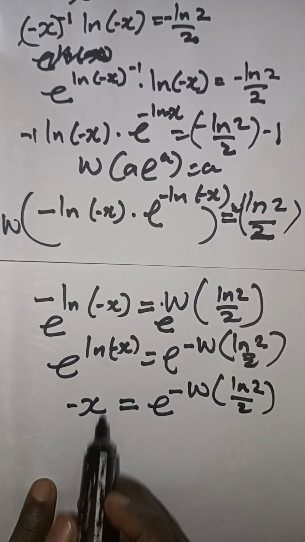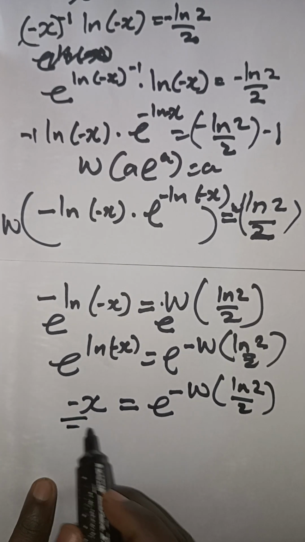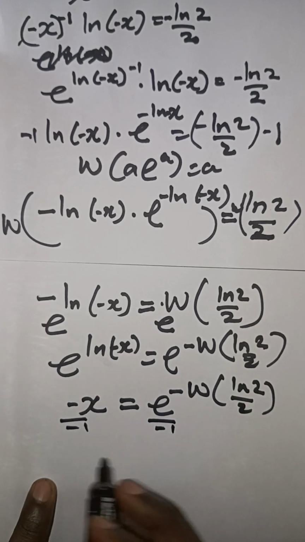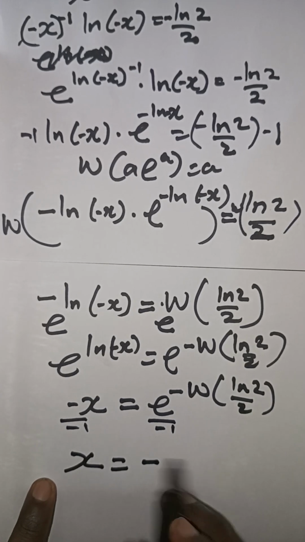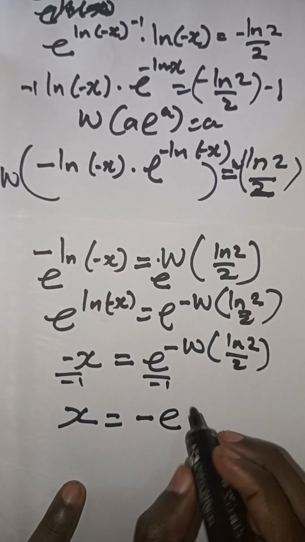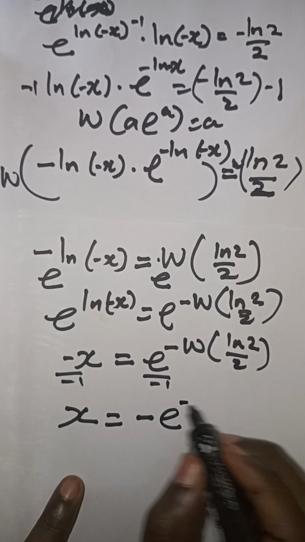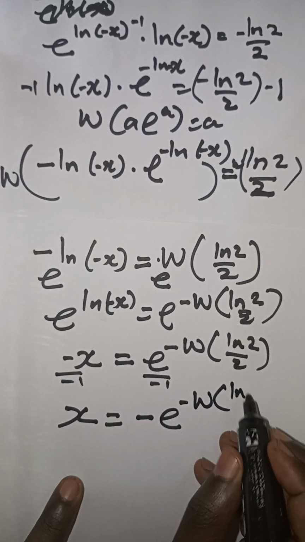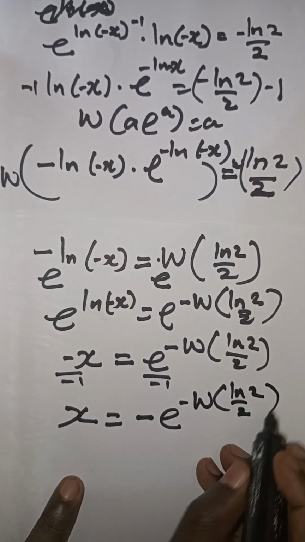And of course, if you want the value of x, I'm going to divide all through by negative, so that you end up with the value of x equal to negative of exponent to the power of negative w of ln of 2 divided by 2.